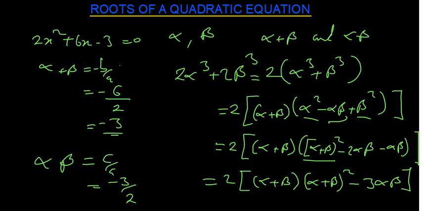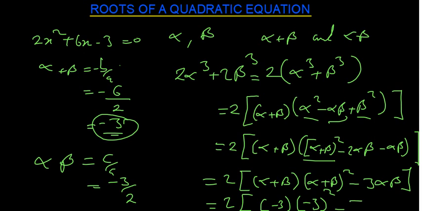Now we can go on substituting our values. We know our alpha plus beta is negative 3. So that will be 2, our alpha plus beta is negative 3, our alpha plus beta still is negative 3 but squared, minus our 3 alpha beta, which is 3 times negative 3 over 2.